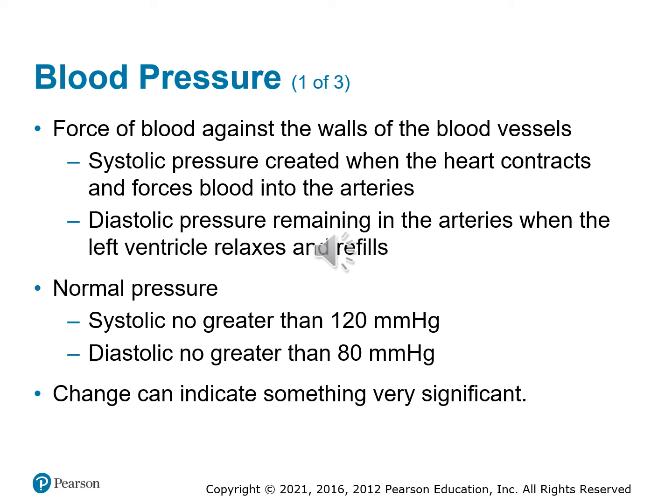If you see numbers that are extremely high, that's very abnormal and can cause some very serious conditions. And if you see numbers that are entirely too low, the same is true. Usually the blood is not perfusing through the body like it should, and then you have to be worried about further complications because of that.